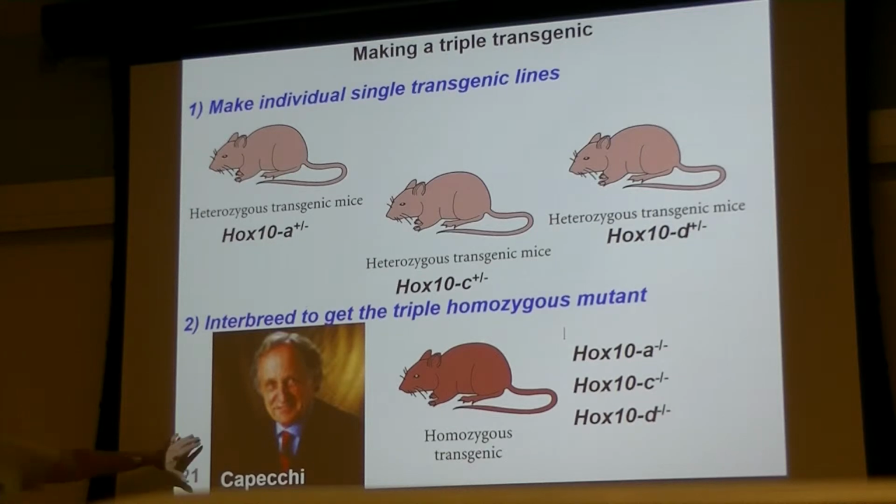And I want to mention Mario Capecchi because he is Mr. Mouse Knockout. He has a huge group at the University of Utah, and they've just been going through one at a time, knocking out all these Hox genes in mice and studying the phenotypes, and then even getting into these fancy experiments where you get triple mutants and double mutants and see what the phenotype is. So what is the phenotype?